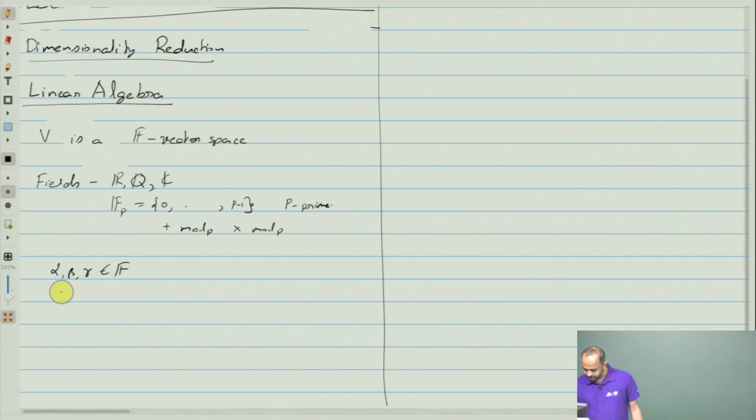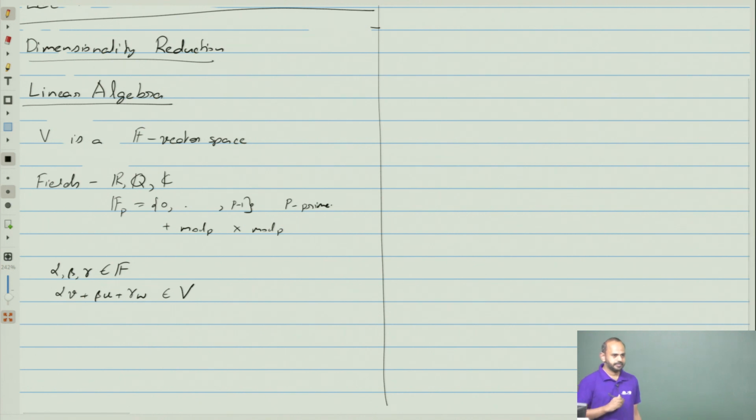Then you can take alpha times v plus beta times u plus gamma times w, and this will also belong to the vector space. That is the main thing about a vector space. So for taking a scalar linear combination, first I have to define how to multiply a scalar with a vector. Once that is defined, you can take linear combinations of vectors, and any linear combination should also belong to the vector space.